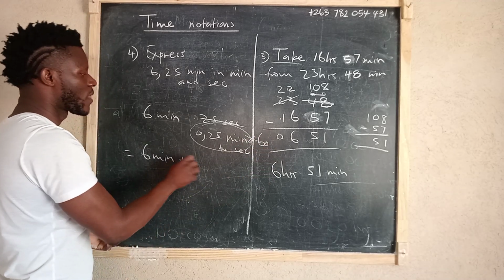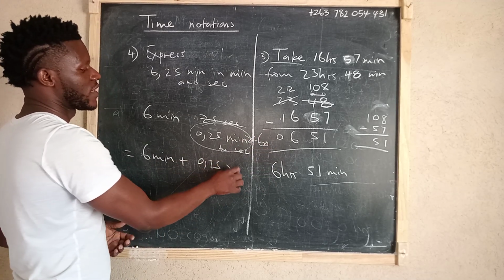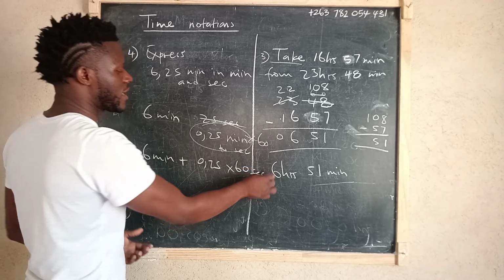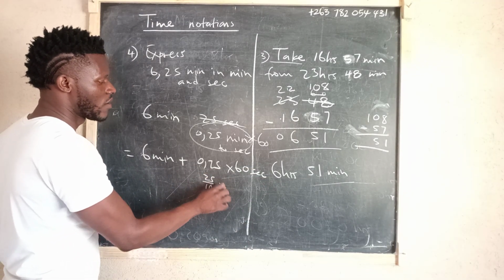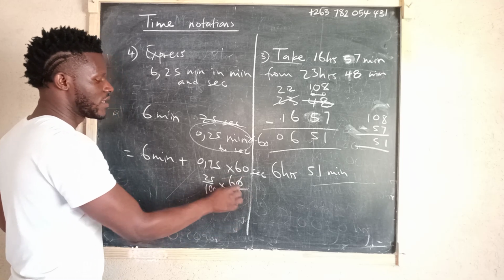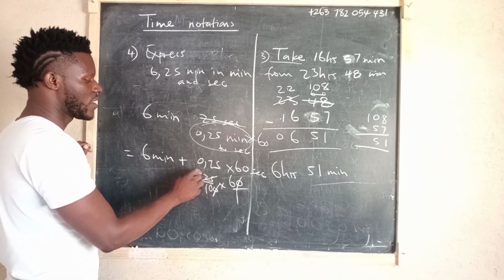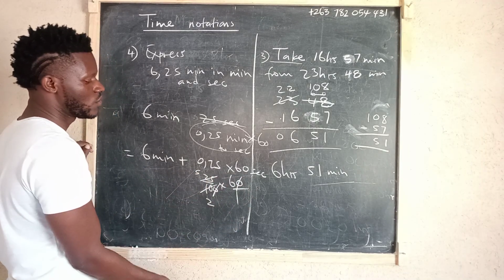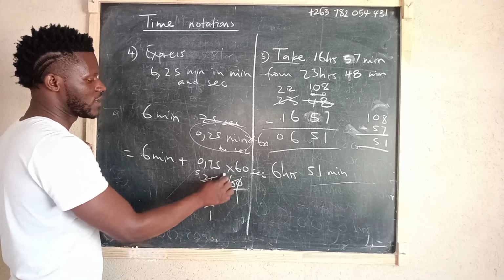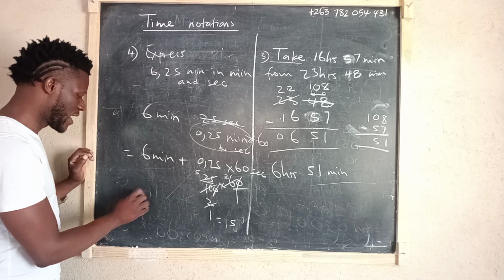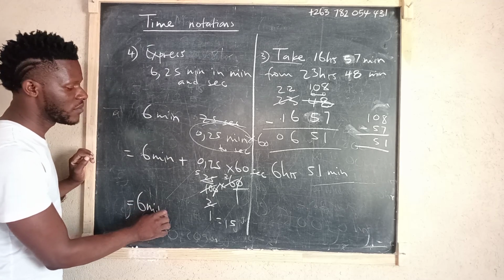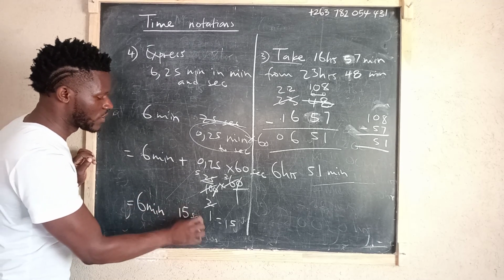That is 0.25 times 60 seconds. To make it easy, this is 25 over 100 multiplied by 60. We get 15. So the answer is 6 minutes 15 seconds.